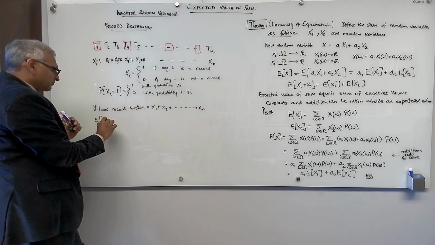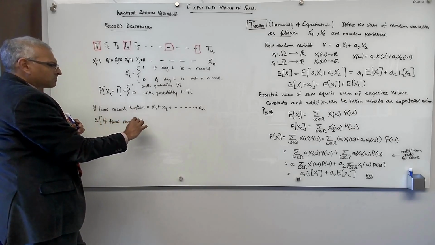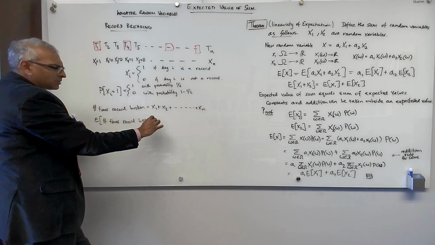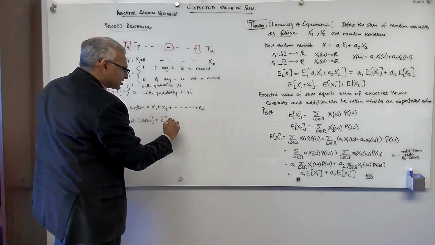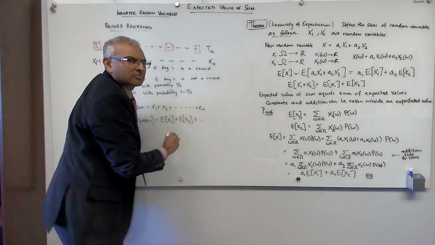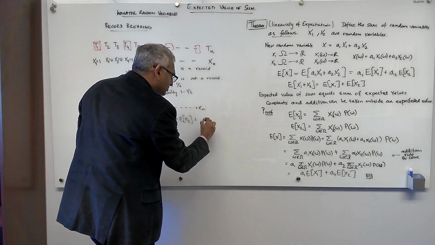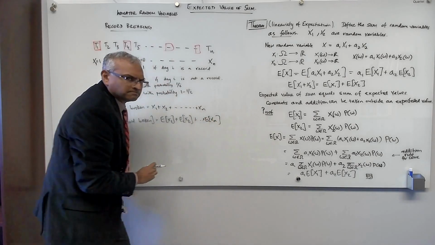So the expected number of times a record is broken is equal to the expected value of x1 plus the expected value of x2 plus ... plus the expected value of xn. That's the theorem at work: the expected value of a sum is the sum of the expected values.